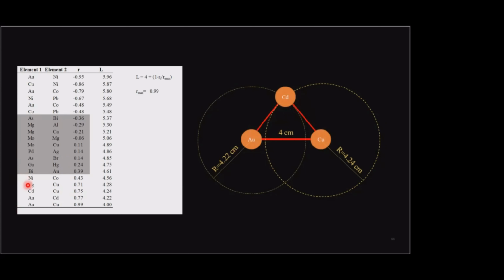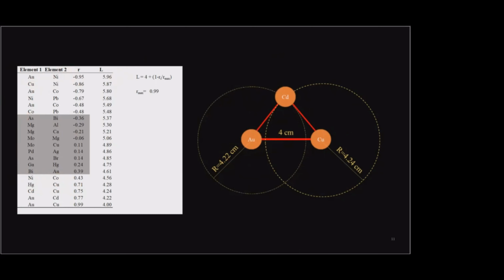Now, the next 2, copper-mercury and cobalt-nickel, don't have any pair that we can use to locate them in space. So we'll jump again to the negative part. So we have nickel, which has a negative correlation with gold and copper at distances of 5.96 and 5.87.